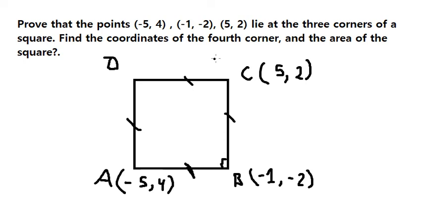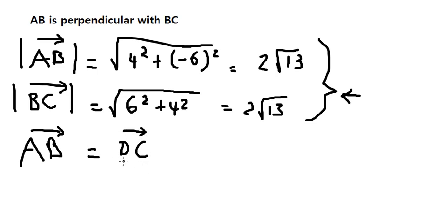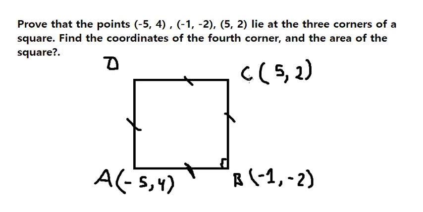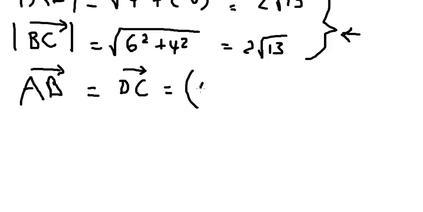Now on the question, we need to find the coordinate of the fourth corner, that is D. So the first thing, we know that AB is parallel to DC. So the vector AB will be the same as the vector DC in here. And we know that this vector DC goes through the point C. AB, we know that is 4, negative 6.